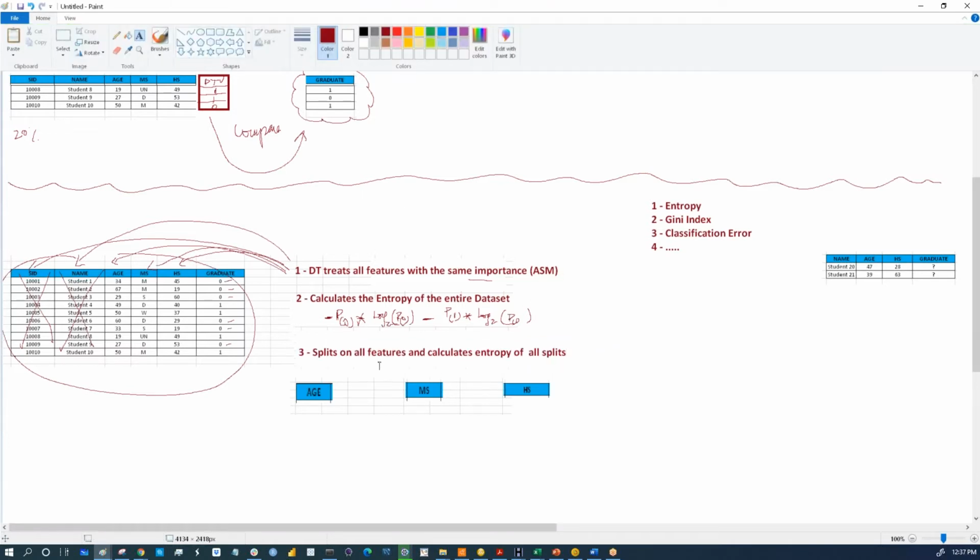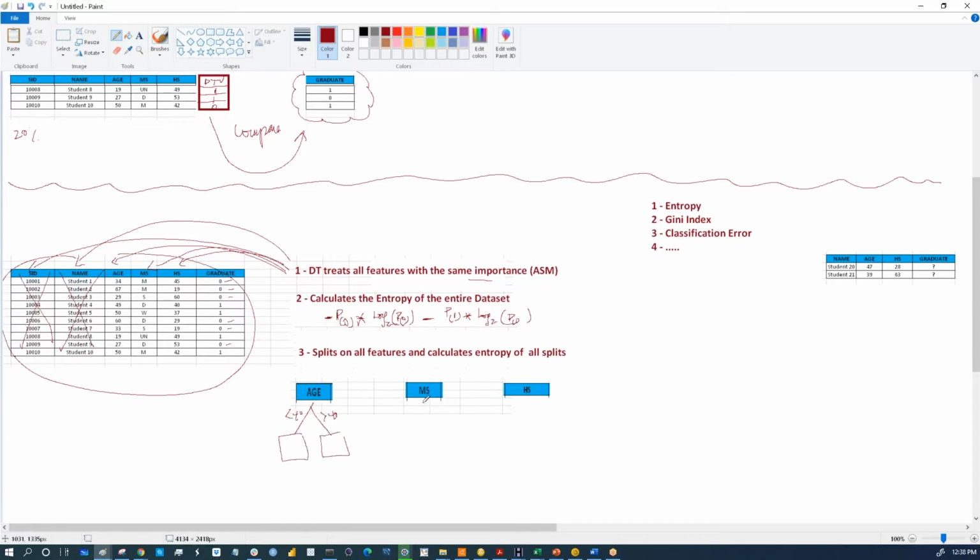It's going to split on age, and it's going to calculate the entropy of age. If the feature is numeric, it's going to split on the mean. So probably the mean should be 40, so it's going to split on greater than 40 and less than 40.